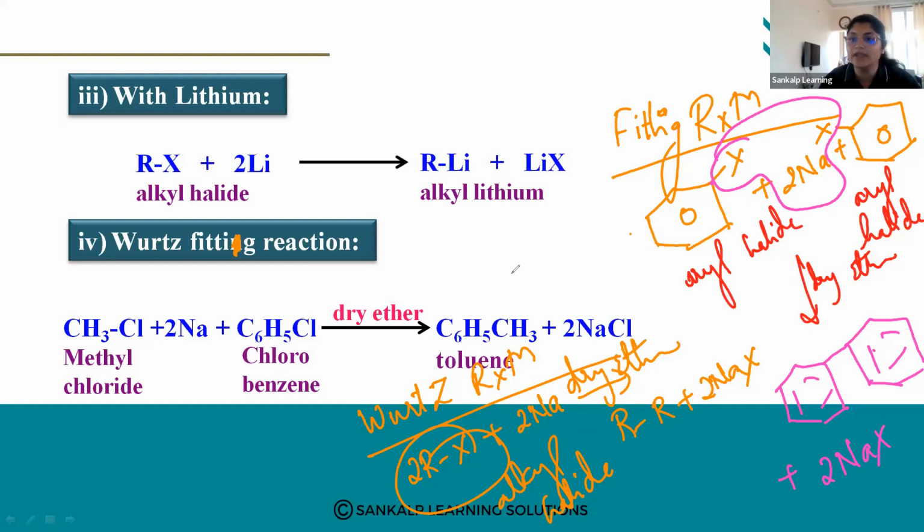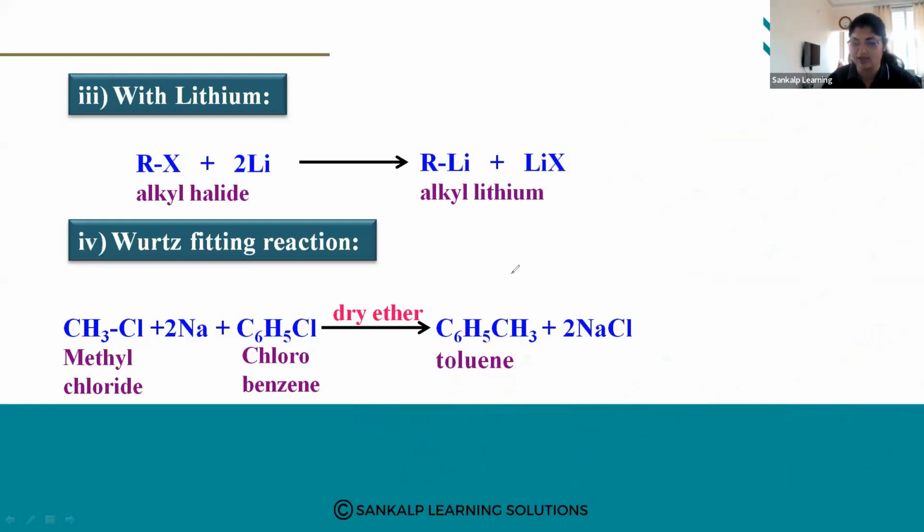Now we'll see the coupling reaction, that is the Wurtz-Fittig reaction. In Wurtz reaction we take two alkyl halides, in Fittig reaction we take two aryl halides. Now in Wurtz-Fittig reaction, we take one alkyl halide and treat it with sodium, and one aryl halide.